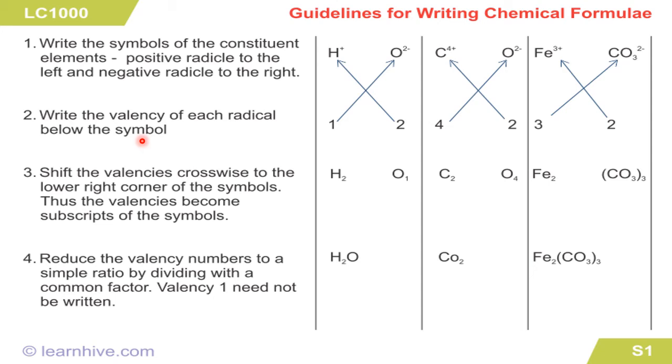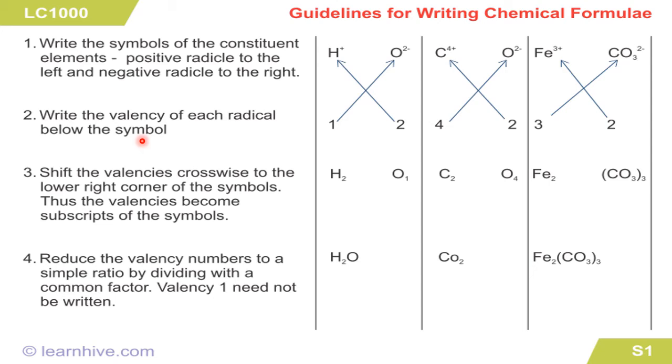And how to know the charge for a particular ion? For this, please refer to the table I gave in the previous class. Positive ion and negative ion, monatomic ion, diatomic ion, and polyatomic ion, plus ion, minus ion, all those. That knowledge is essential and it is a must for today's discussion. Therefore, write either valency or charge of a particular ion.